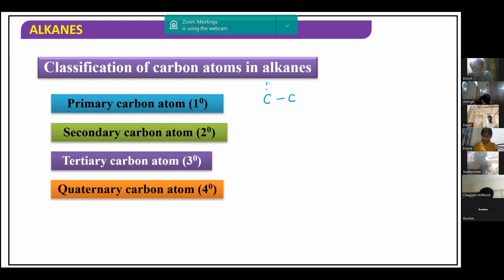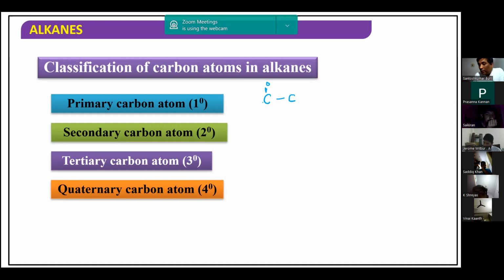This is called primary carbon atom. Remaining all 3 are hydrogens. Here remaining 3 may be different or hydrogen. If these are also hydrogens, then this also becomes primary. So a carbon atom attached to only one other carbon atom is called a primary carbon atom.